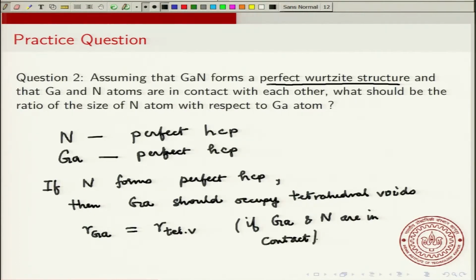If they are perfectly touching each other, then the radius of the gallium should exactly be equal to the radius of the tetrahedral void.